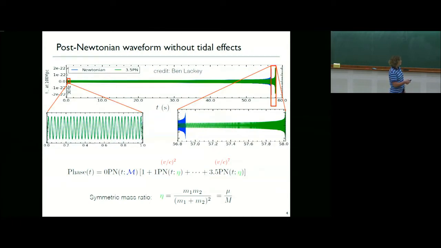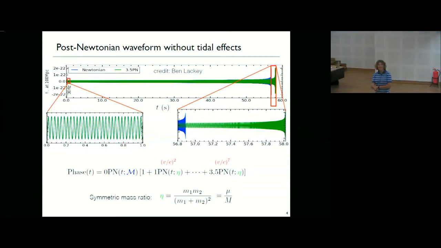If we were to look in the middle, there would be a small dephasing already between including the relativistic corrections and the Newtonian. Then you see clearly that adding the relativistic effects changes the length of the in-spiral, and you don't really see the dephasing, but it's quite a significant effect.